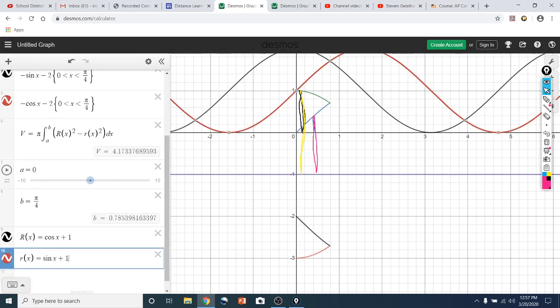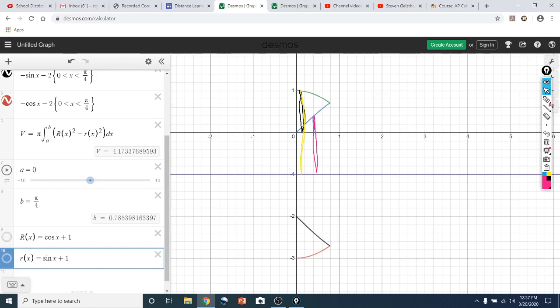Then we get a volume. We don't need to look at those. But yeah, this is going to be our formula. Use the big radius and the small radius. It's just that we might have to add or subtract something from there.